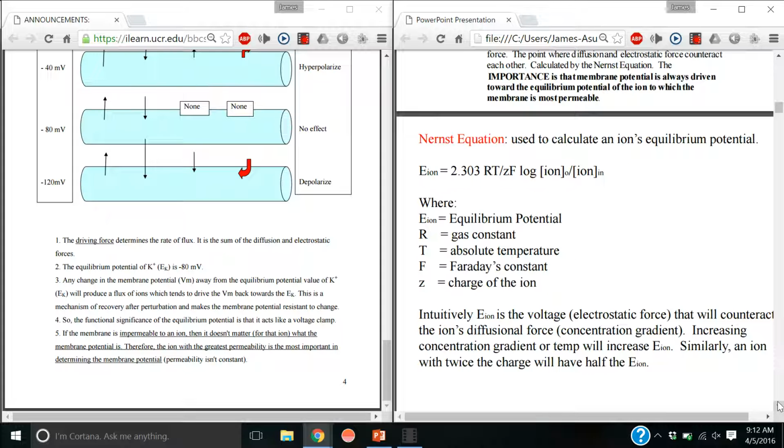I must have gone through that at blazing speed because I guess we didn't talk about the Nernst equation.